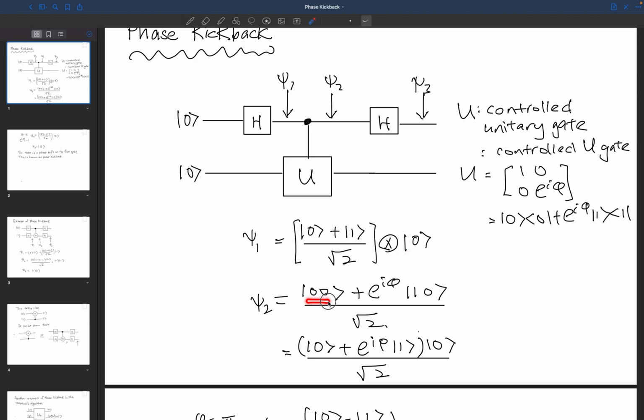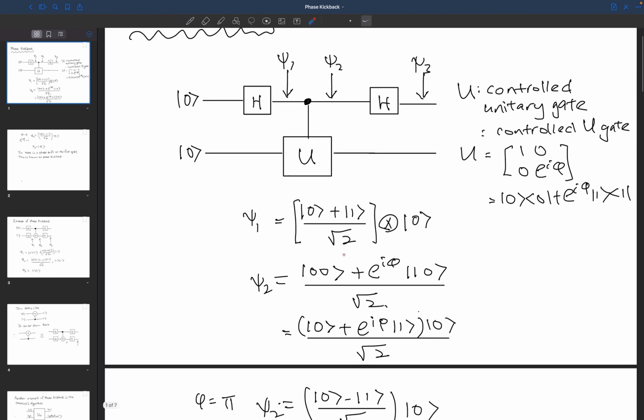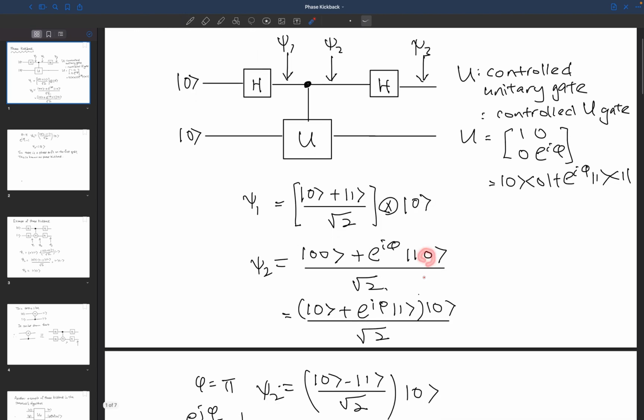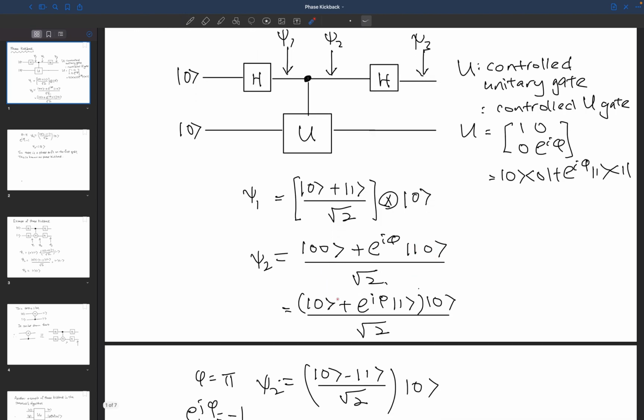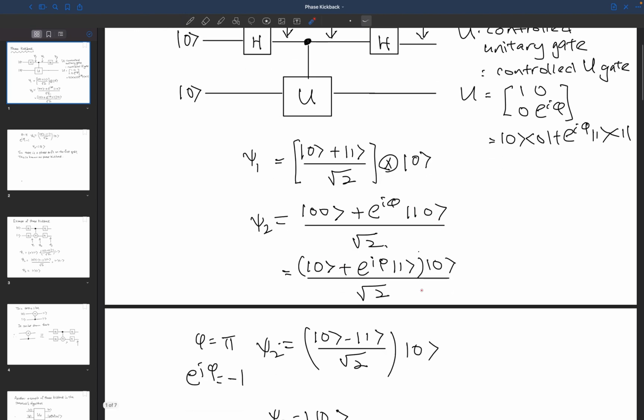So we have 0, 0 here. But if the first qubit is in 1 state, then it will apply an e^(iφ) to the second qubit. And if we do a regrouping, we'll get to this.